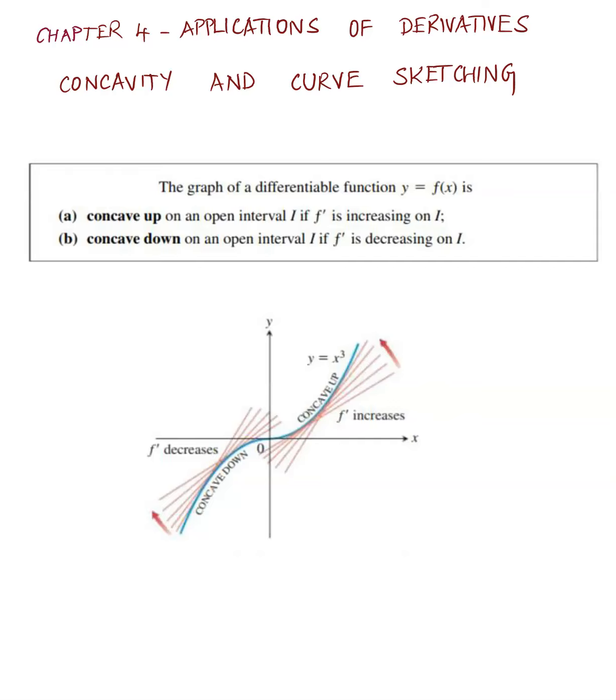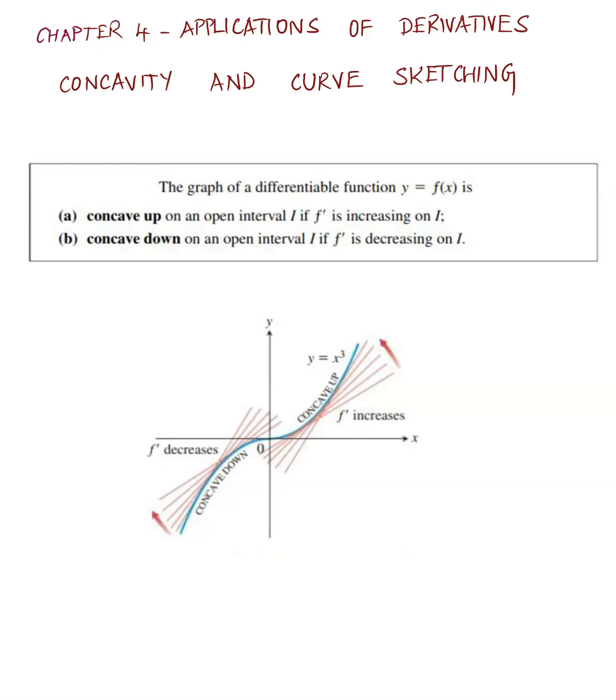The slope at every point on the graph, if the slope increases, then you know it's concave up. And if you look at the portion of the graph that's in the third quadrant, you can see that each time you take the derivative, the f prime decreases. And so that's concave down.